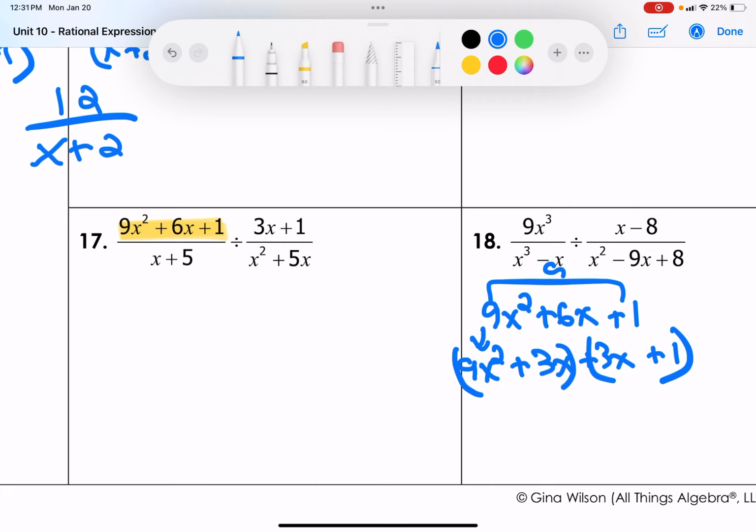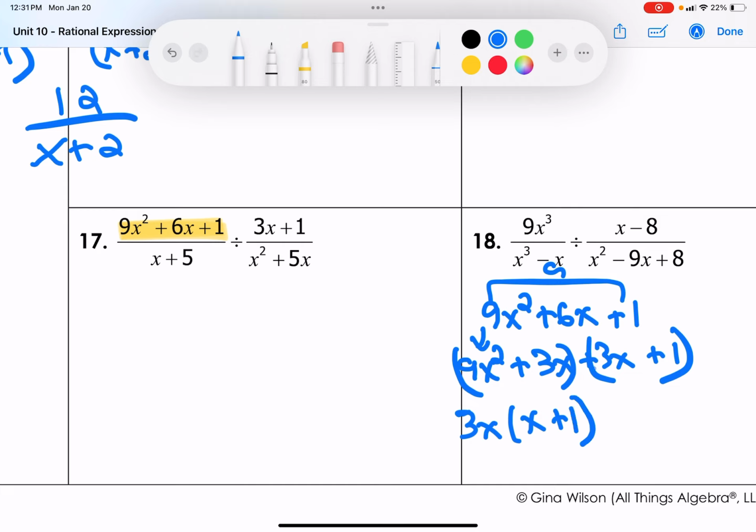What can I factor out of this left side? So I'm going to take out a 3x, and I'm left with x plus 3. Did I do that right? X plus 3. Hold on. Oh, I'm sorry, x plus 1, I thought.